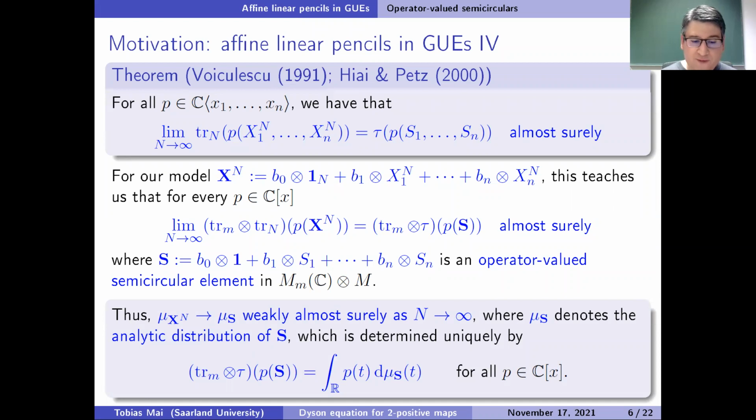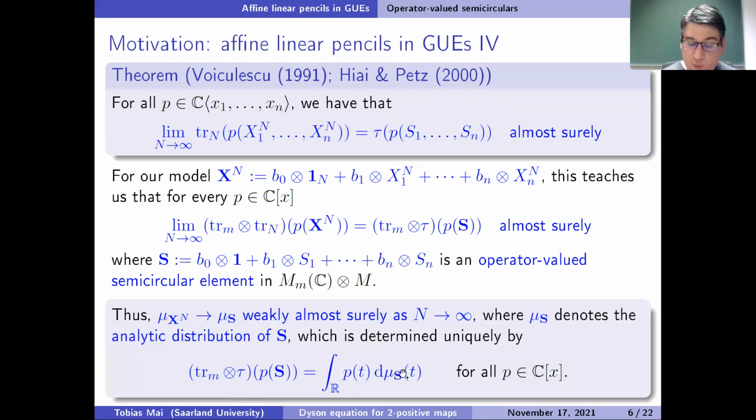And indeed, it is precisely what solves the problem. Namely, we observe that the empirical eigenvalue distribution converges weakly, almost surely, as n goes to infinity, to the analytic distribution of this operator-valued semicircular element. So all I'm doing is considering a measure mu s, which is defined by this condition here.